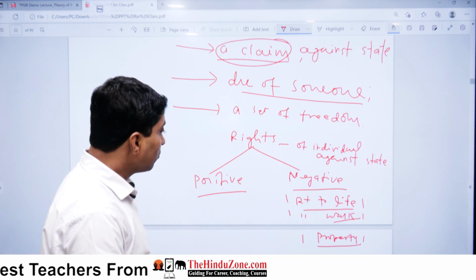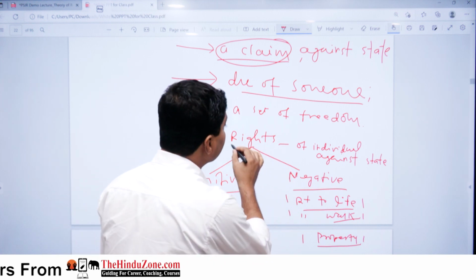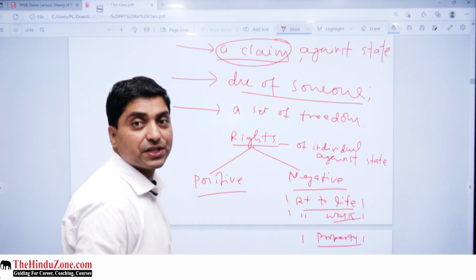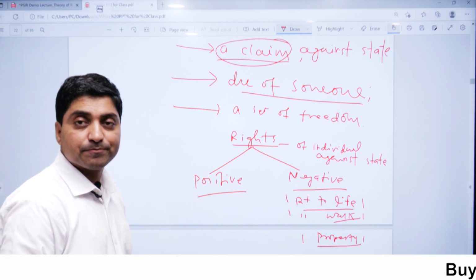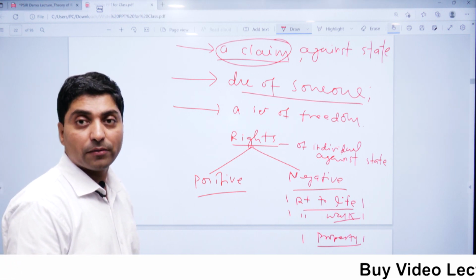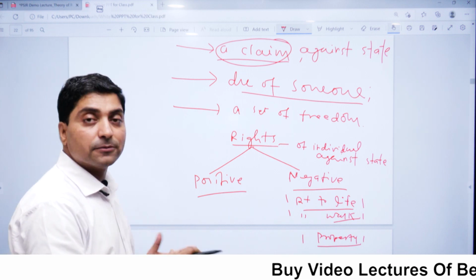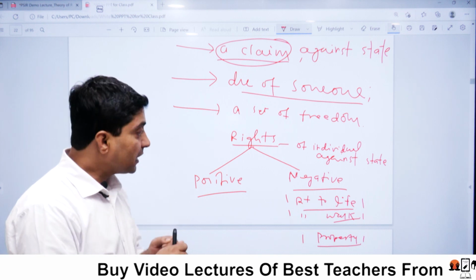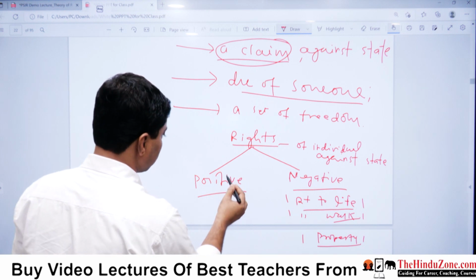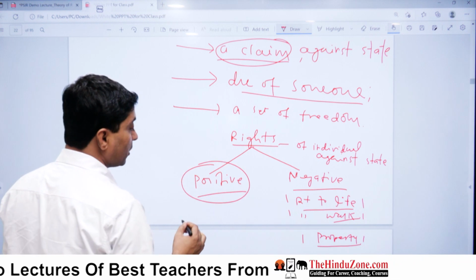Now if you see, the rights should not be absolute. Of course, we have to follow the law. So our rights are protected within the ambit of law. Now come to positive rights. What are positive rights?